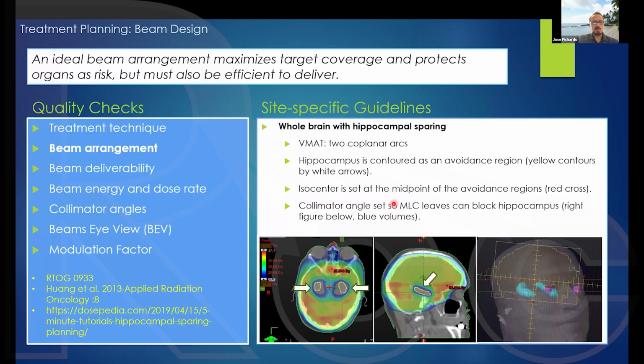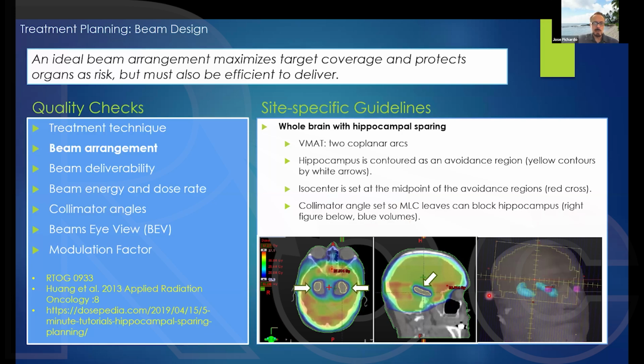So the isocenter in these plans is usually placed, I've drawn a red arrow to indicate where the isocenter is. It's usually in the center of the 2 avoidance regions. And then you set your collimator angle so that the MLC blocks can block the hippocampus. So here's an example.